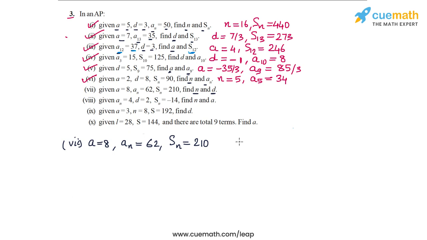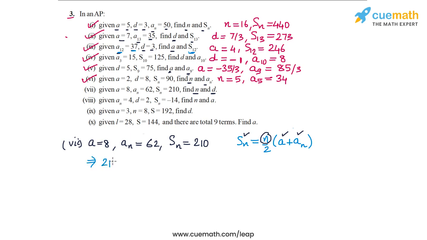So the formula I'm going to use in this case is Sn is equal to n by 2 into a plus l, a plus the last term, which I can write as a plus an. So we are given a, we are given an, and we are given Sn. So this will help us find the value of n.